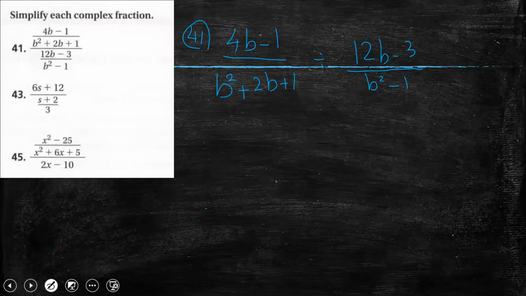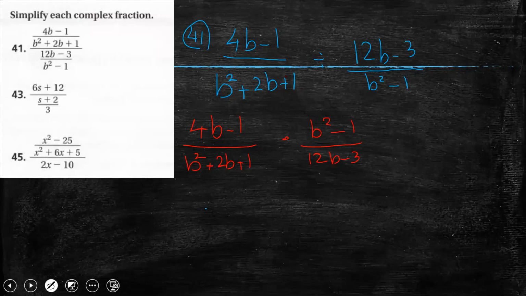The first step, write it as 4b minus 1 over b squared plus 2b plus 1 times, here, write the reciprocal, b squared minus 1 over 12b minus 3. Teacher, I sent you my answer in chat. Thank you, Sarah. This is the first step.